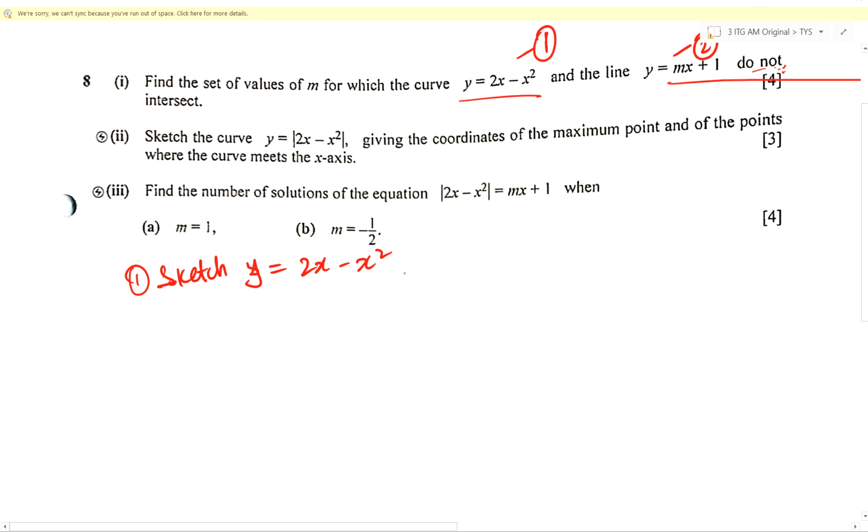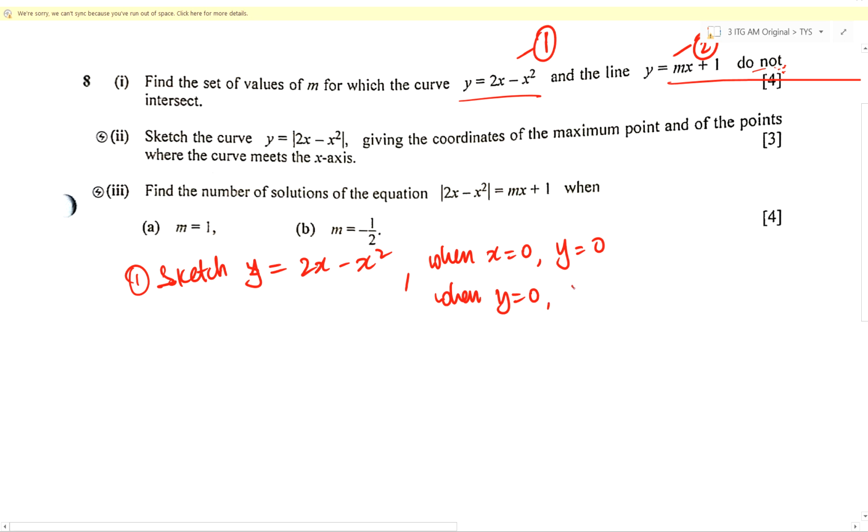To find the y-intercept, when x equals 0, y equals 0 also. Now I'm trying to find the x-intercept, so I set y equal to 0.